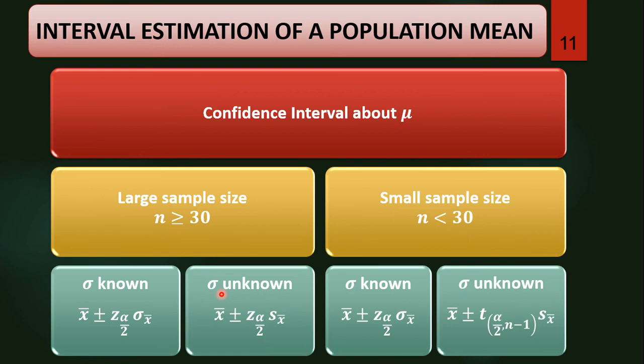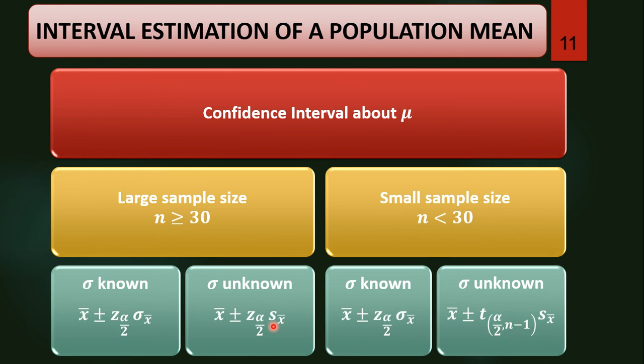If you are given the value of sigma, your confidence interval will be constructed using this formula. But if sigma is not given, we use almost the same formula except that sigma is replaced with S, which represents the standard deviation of a sample.